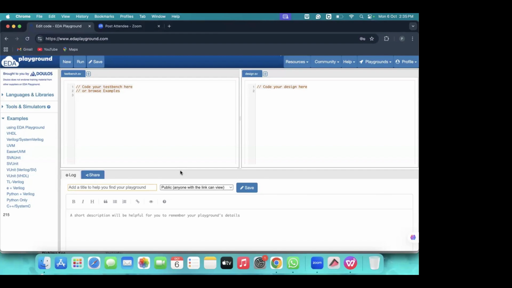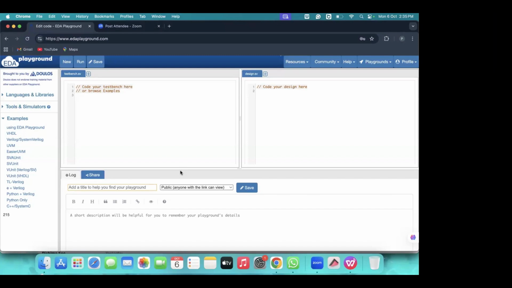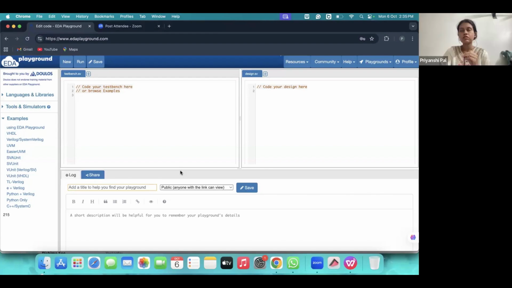So you know about shallow and deep copy? Yes, ma'am. What are the main uses of them, and what is the difference between them? Ma'am, shallow copy and deep copy are processes wherein we can access the properties of another class.